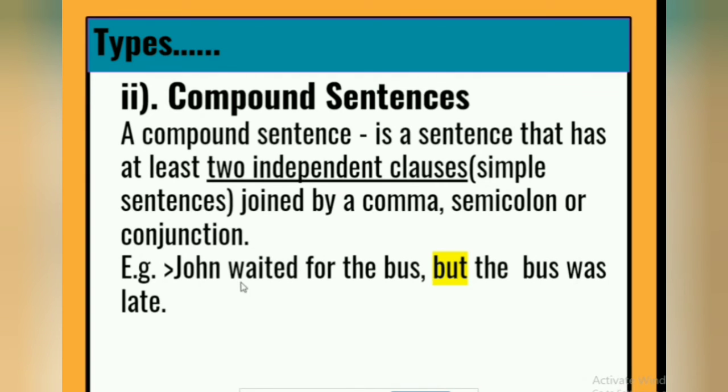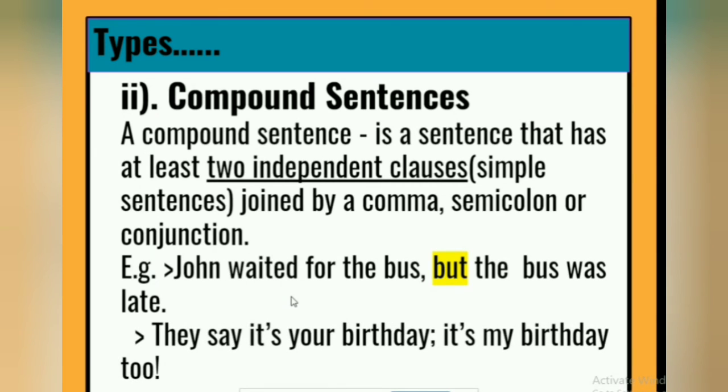So John waited for the bus is independent, can stand alone and bring meaning. Also when you say, but the bus was late, this part of the sentence also has a complete thought. That's why we say two independent clauses, or sometimes we call them two simple sentences, because both parts can stand alone and bring complete thought.